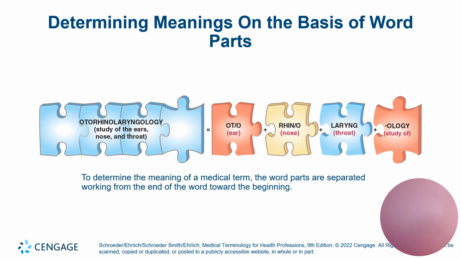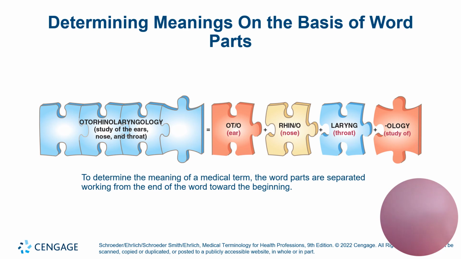So we also need to double check for accuracy because some terms do have more than one meaning. Let's go back to the word that we were talking about, otorhinolaryngology. That means we are looking at the study of the ear, the nose, and the throat.